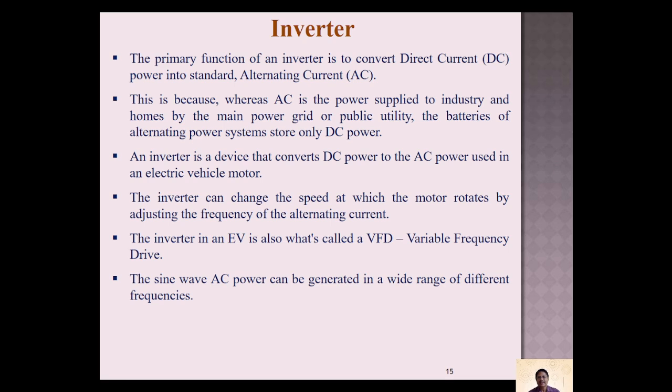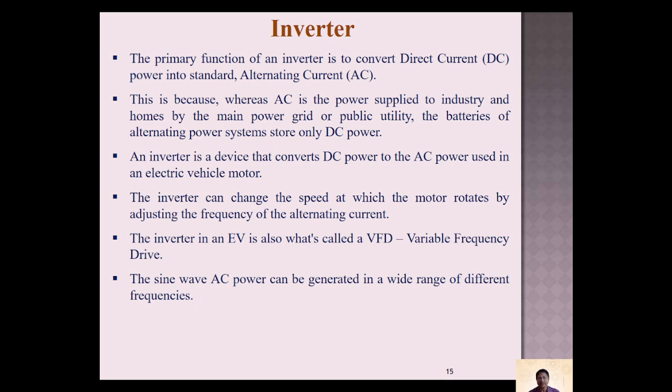Whereas AC is the power supplied to industry and homes by the main power grid or public utility, the batteries of an alternating power system store only DC power. So an inverter is a device that converts DC power to the AC used by the electric vehicle motor. An EV is also what's called a VFD, variable frequency drive, which requires an inverter.